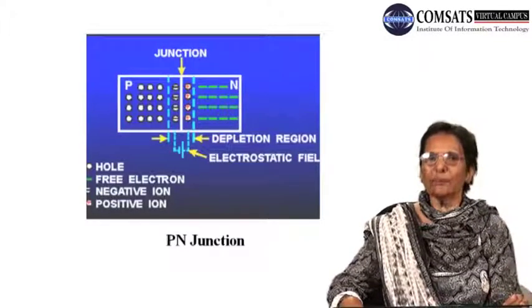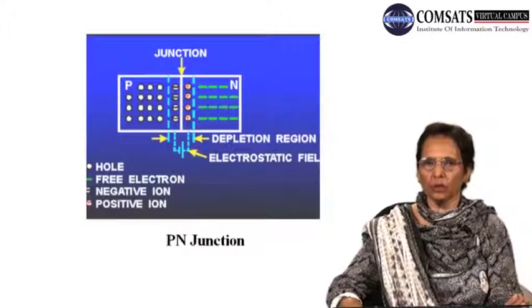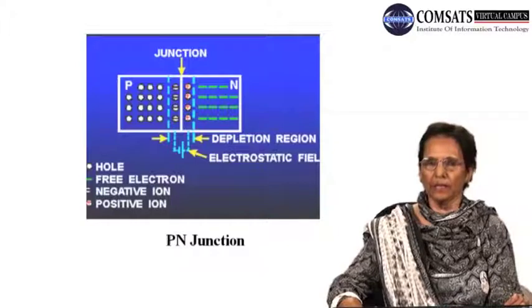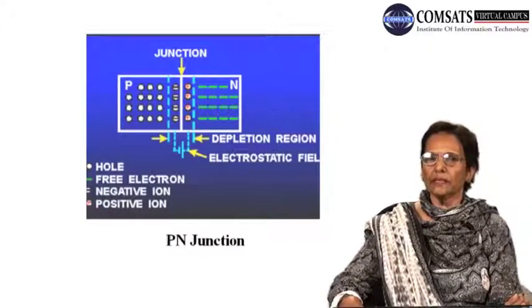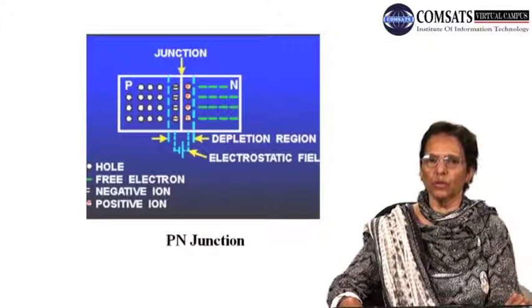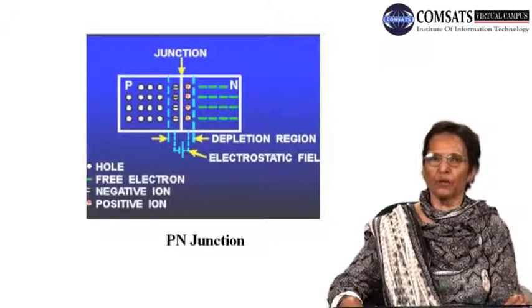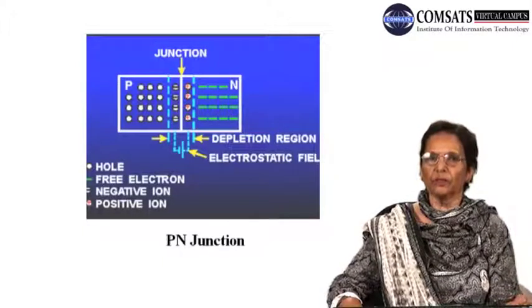The P material, P-type semiconductor, contains holes and acceptor impurities. For the simplicity of our discussion and calculation in the following lecture, we have assumed that the free hole carrier concentration is almost equal to the ionized acceptor impurity. Similarly, on the N-type semiconductor layer, the free electron concentration is almost equal to the positively ionized donor impurity.